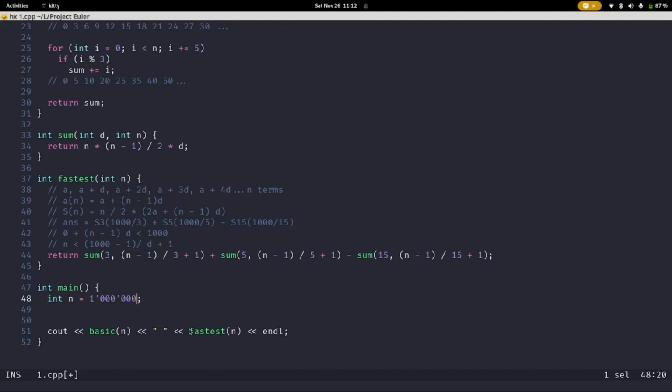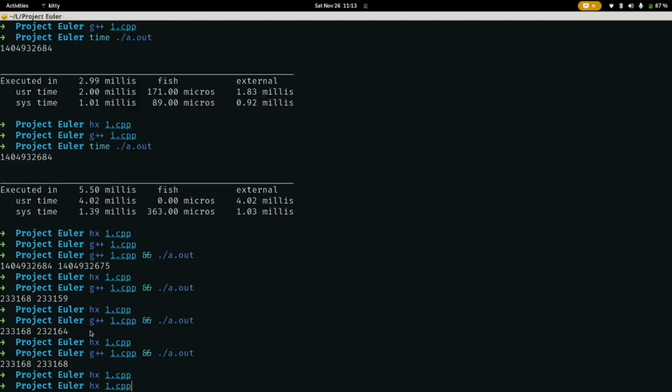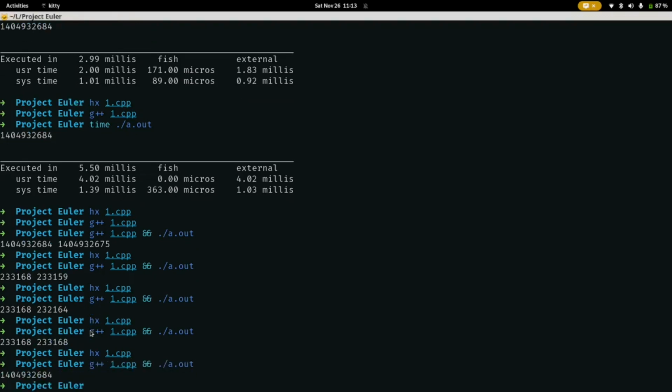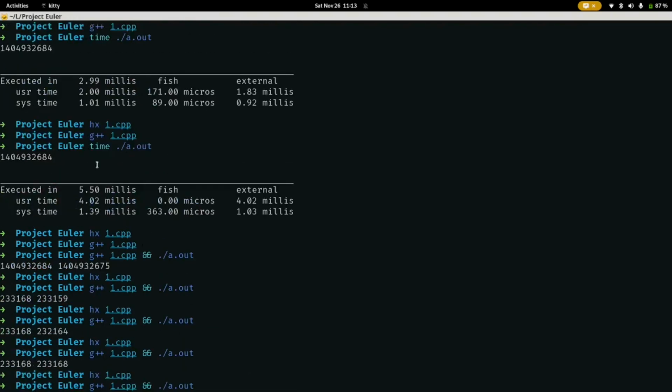And if we time this for a million numbers, we get 3.53 milliseconds, which is much faster than this.